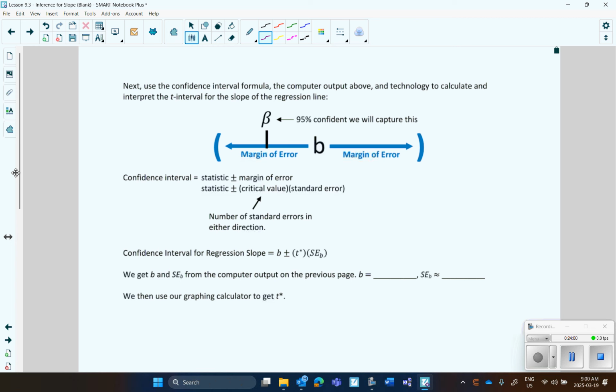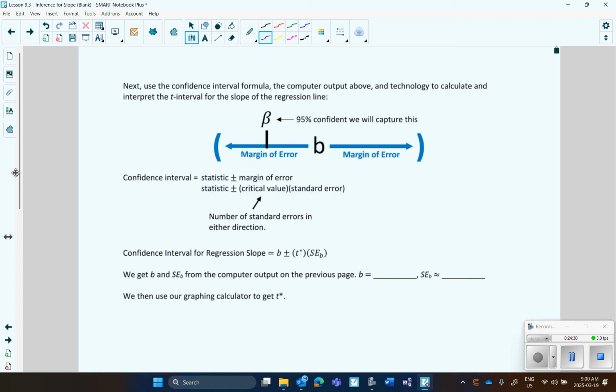We have a margin of error that, depending on the confidence level, the population parameter will fit into. So here we have our sample slope that we took from the 19 nations. We're going to have a margin of error, a certain amount above, a certain amount below. And we want to be 95% confident that this interval is going to capture the true one. So maybe it's here, maybe it's here, maybe it's here.